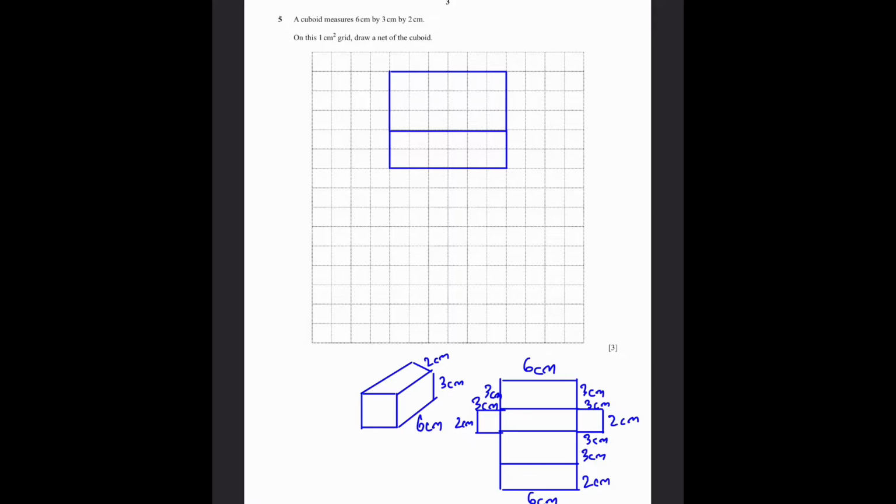And then we draw the third one, which is 3 by 6, somewhat like this. And the final one, which is again 2 by 6. So here we are. But this is not the completed one yet, because there is, of course, this one at the edge and the other one as well. They both are 3 centimeters by 2 centimeters, and we should draw it like this.